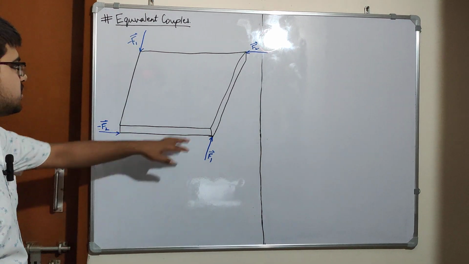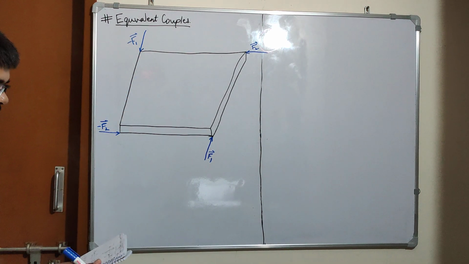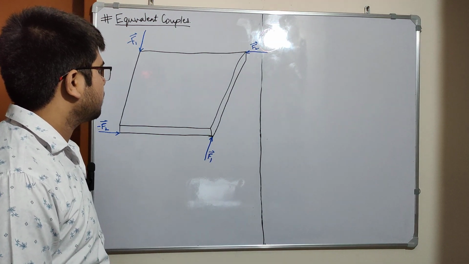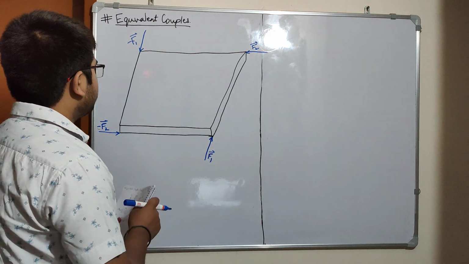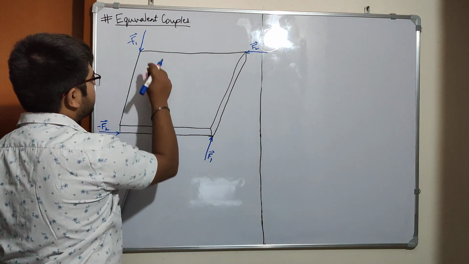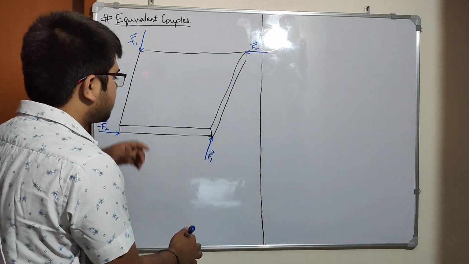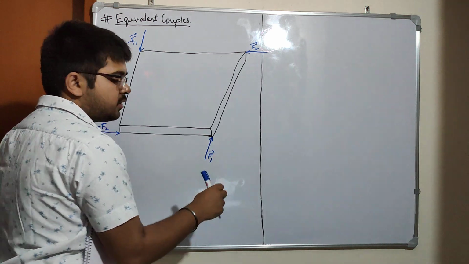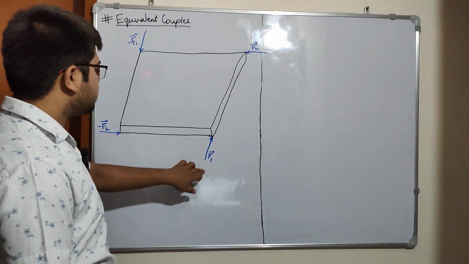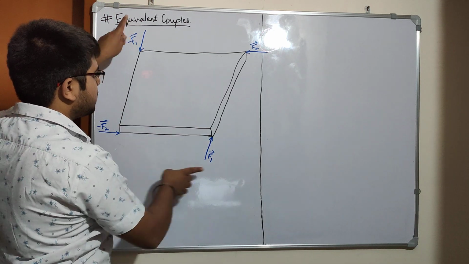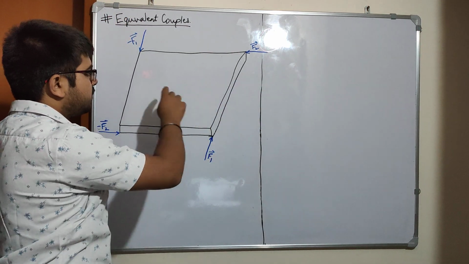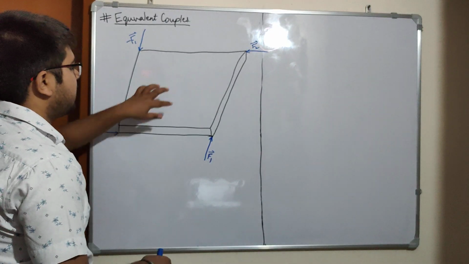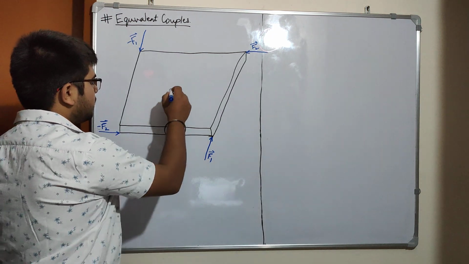So these are the four forces that are acting on the rectangular block, and we have the position vector. These two vectors are forming a couple which will turn the slab in this direction, about a point O here.